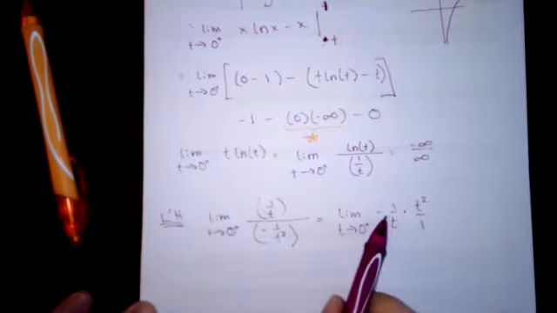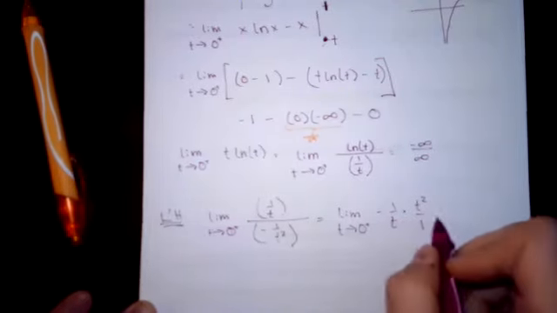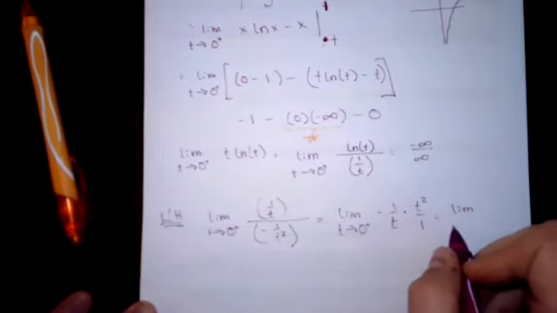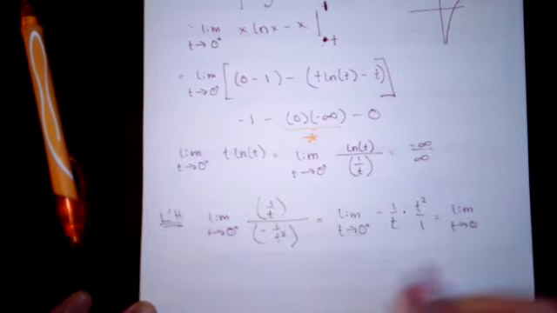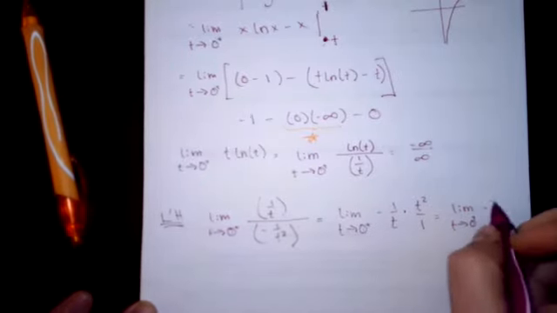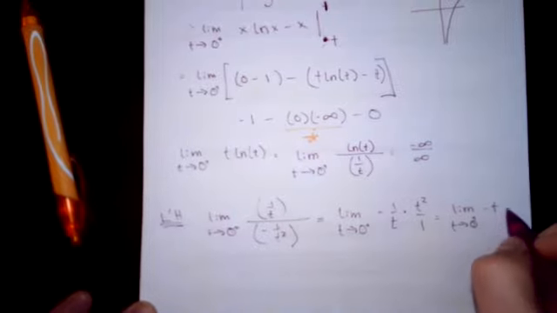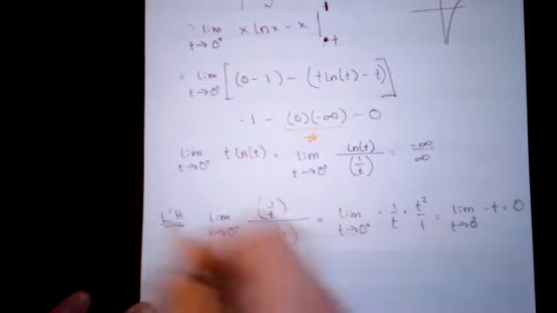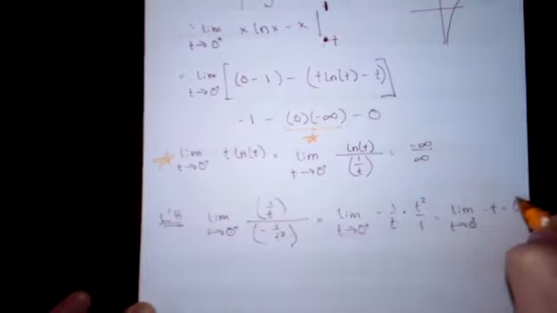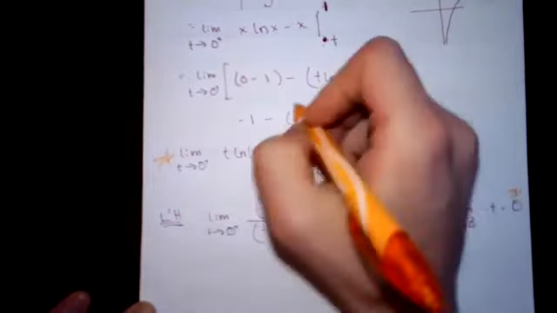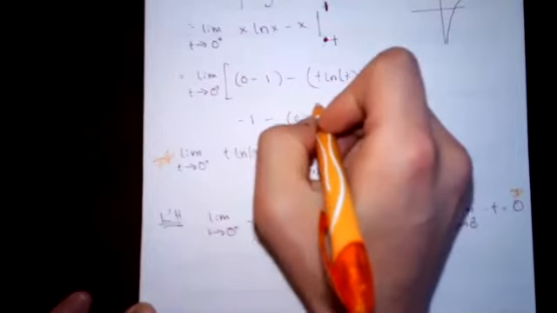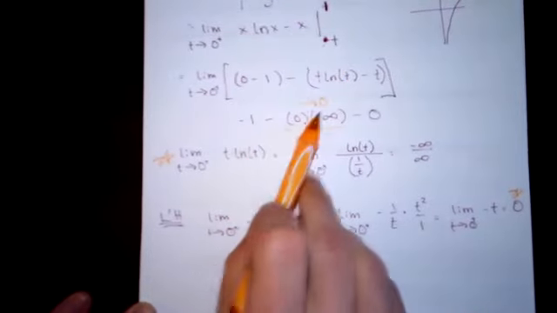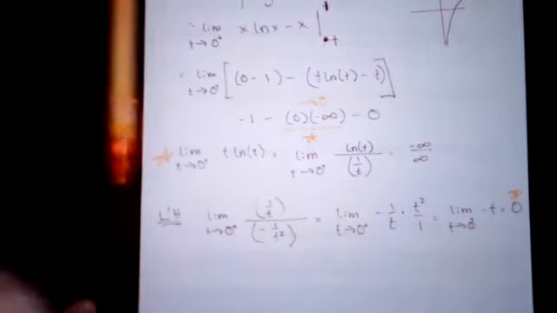I move the minus sign out front and multiply by the reciprocal of the denominator. So we get the limit as t goes to 0 of just minus t, which equals 0. So this is our limit here, and we just get 0 for this guy.